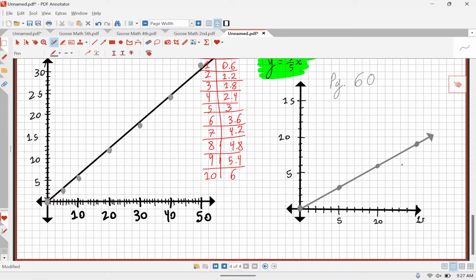So today's self-assessment is, are we on module 8 or 9? Now I don't remember. 8. 8.1, graphing proportional relationships.